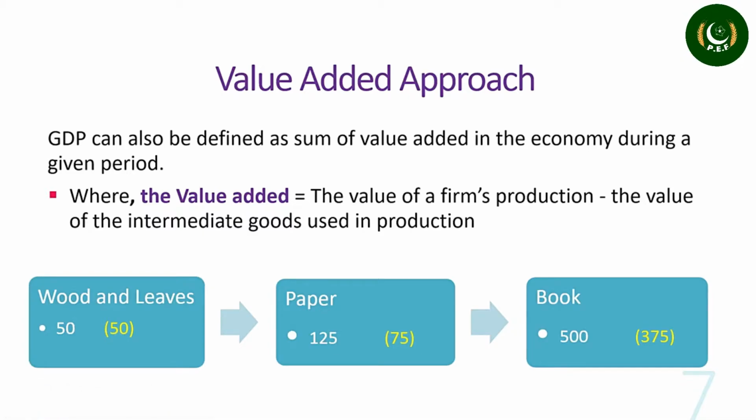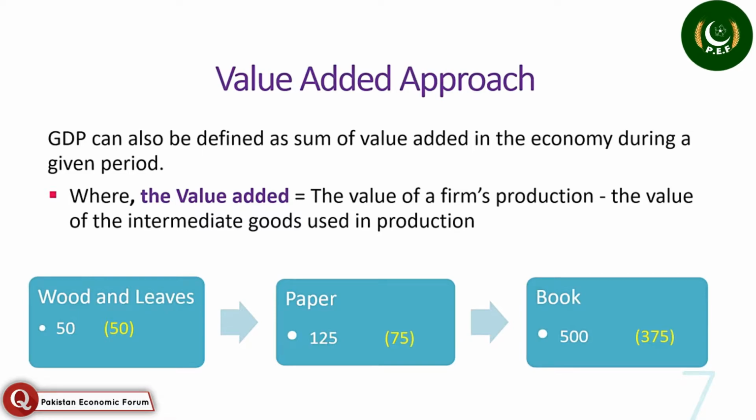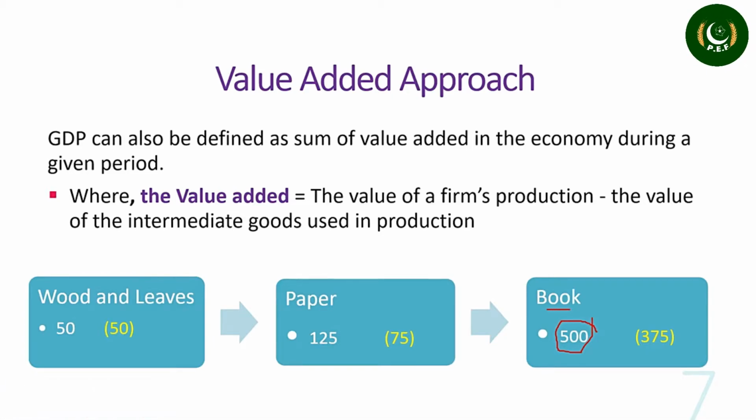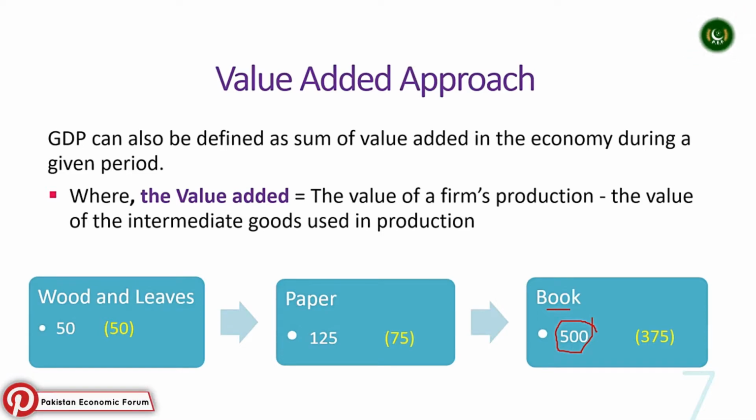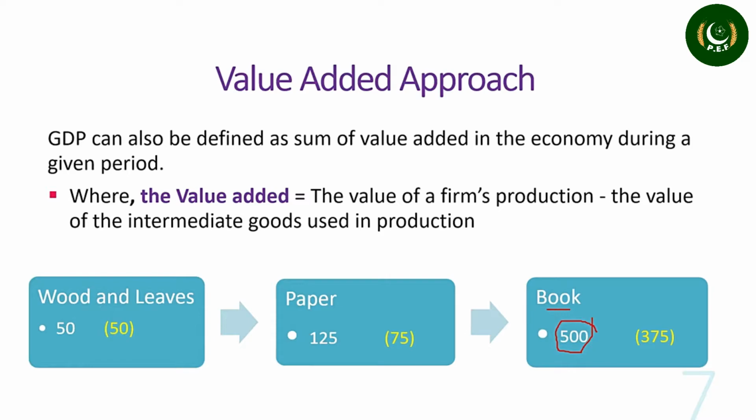Now, under final good approach, we should include in GDP only the price of final good, that is the book, which is 500, and ignore the intermediate goods such as paper, wood and leaves. However, from value added approach, we look at the addition in value at each stage.